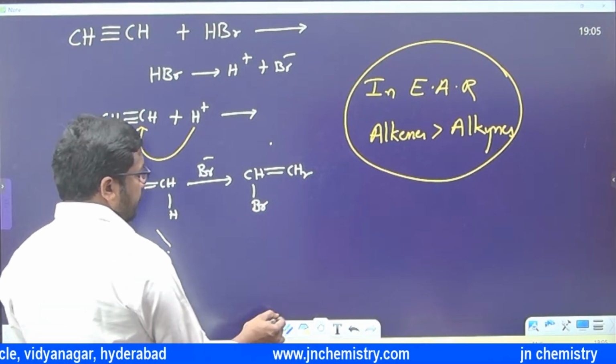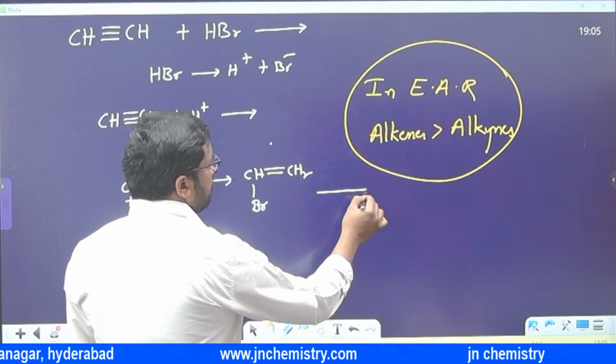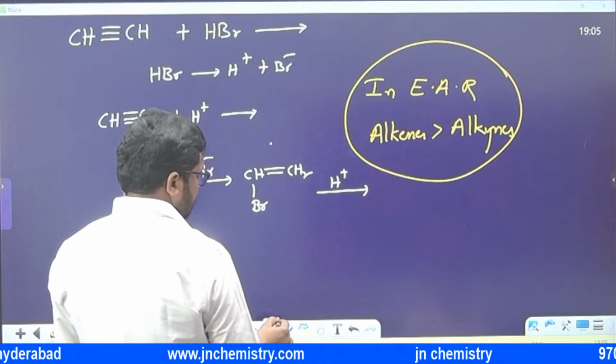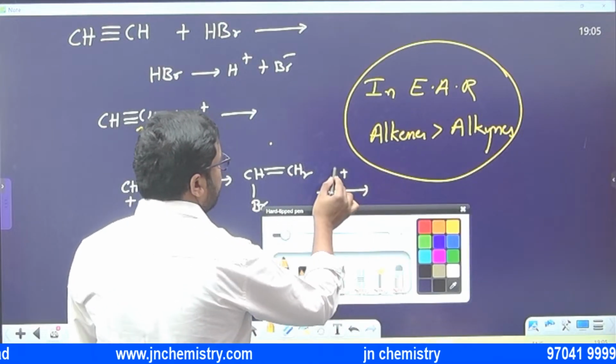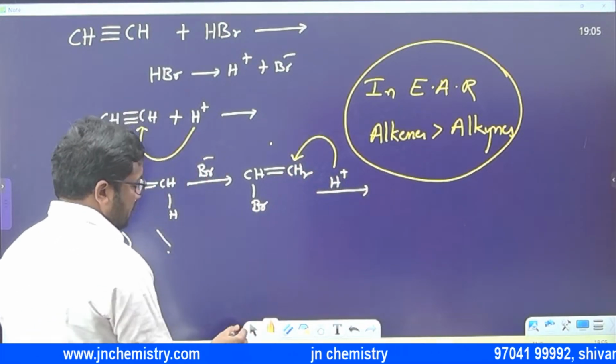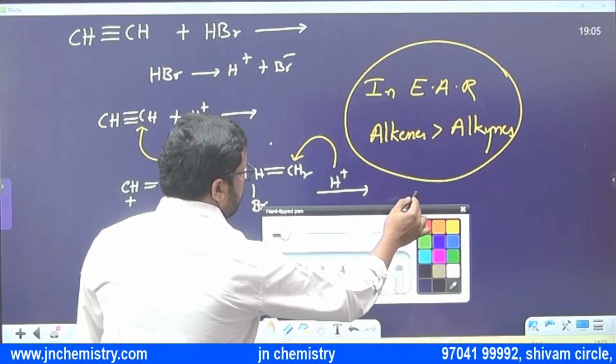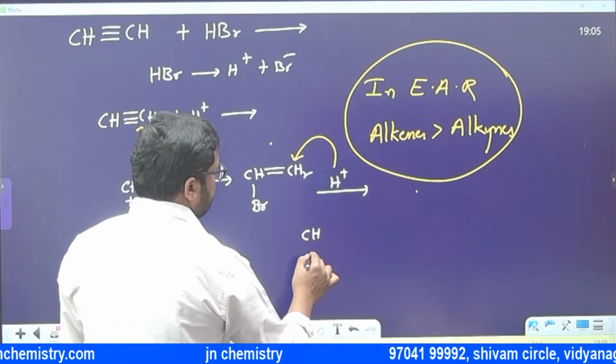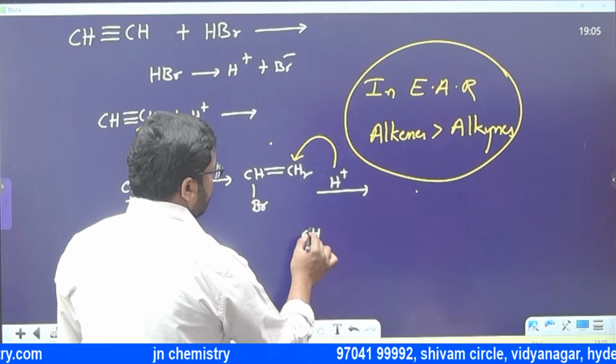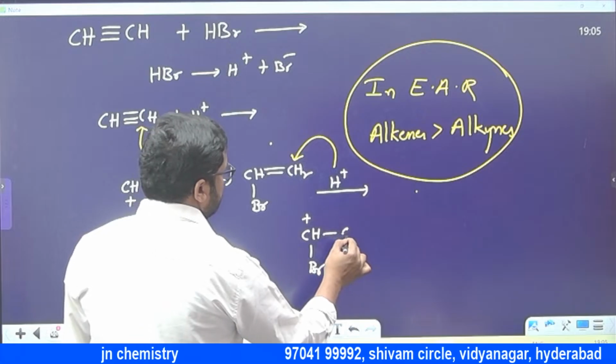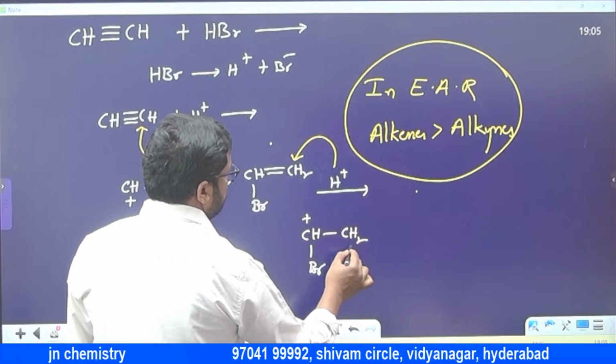Now what exactly happens? One more time, this H plus comes and attacks particularly here. So CHBr, positive charge, CH2, H.